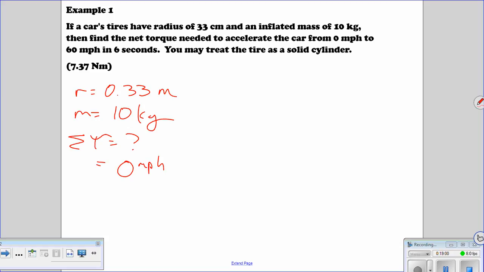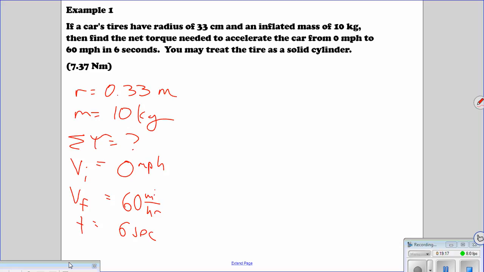What is that a measure of, you guys? Initial linear velocity, right? And we're trying to get up to 60 miles per hour. So that's my final, in a time of 6 seconds. And it says, you may treat the tire as a solid cylinder.